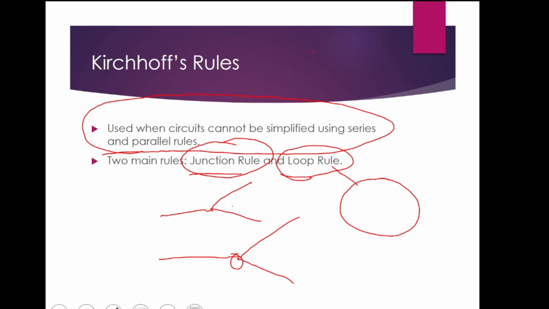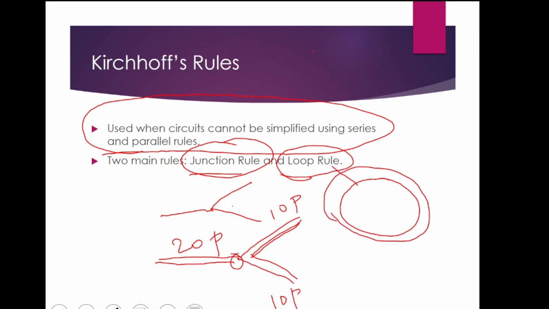You will understand why it is called the junction rule here. For example, if 20 people are traveling on this road, and some of them took this path and some of them took that path, if 10 people follow this path, then 10 people must follow the other path. That is the junction rule.